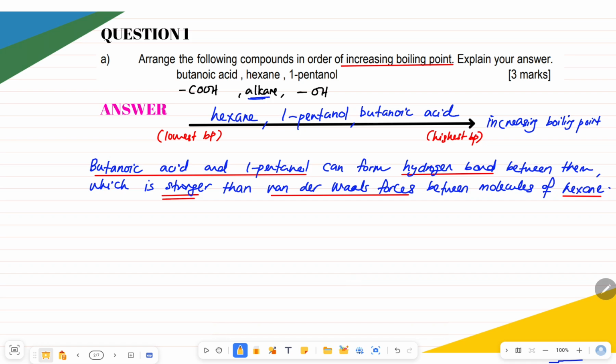However, between pentanol and butanoic acid, why do we put butanoic acid as the highest boiling point? Because butanoic acid forms, we call it stable dimers, through two hydrogen bonds.